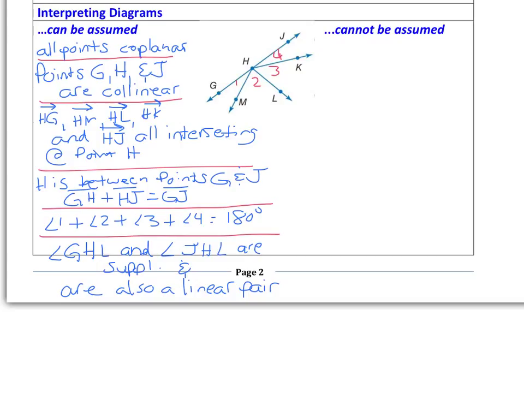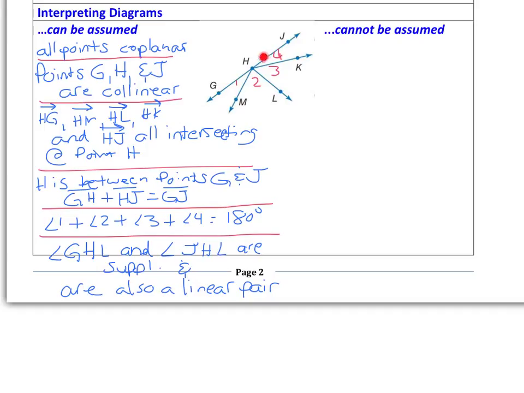Now there are many things that cannot be assumed in looking at this diagram. By the way, as I'm looking at my writing here, I can see I forgot a C in here. Okay, so what cannot be assumed? Well, we cannot assume, for instance, that HJ and HL are perpendicular.